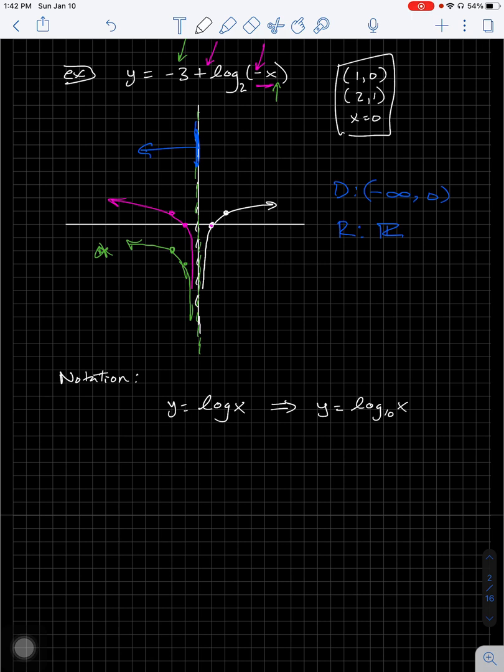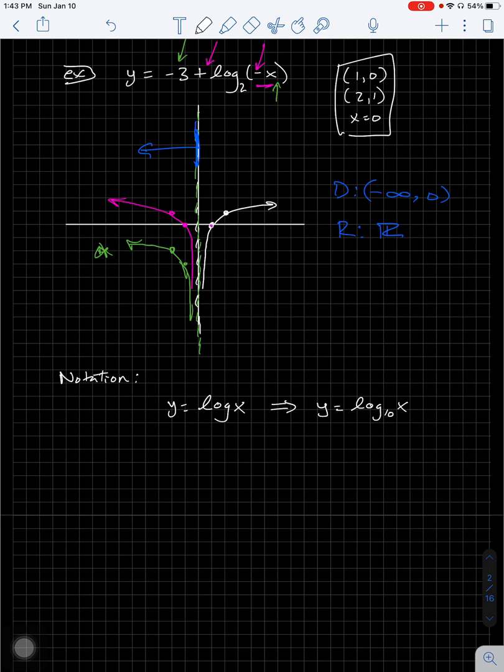A base 10 logarithm shows up often in nature, and it shows up so often that we shorthand it by dropping the base. There will be some of those in your homework. It'll just say graph log of x, and that means that your start point for your graph is going to be at 10, 1.